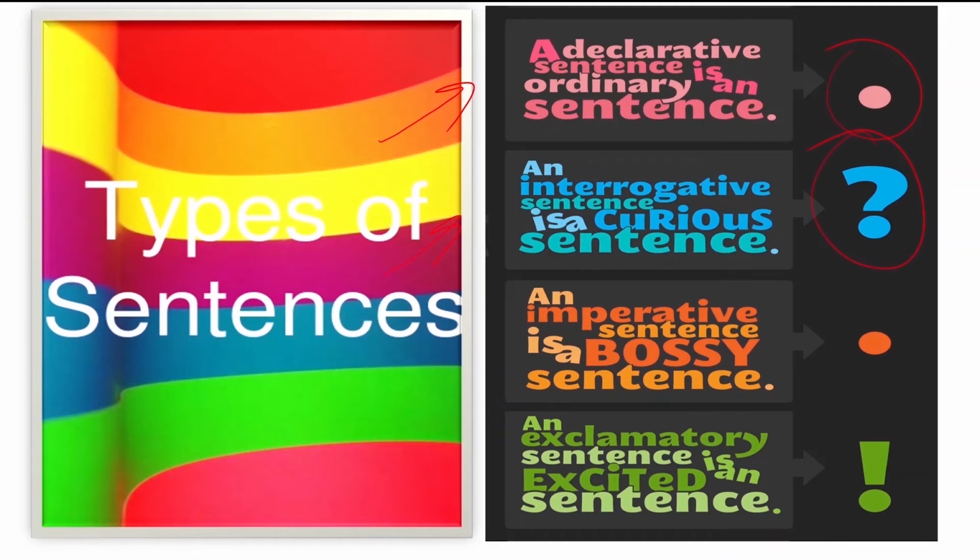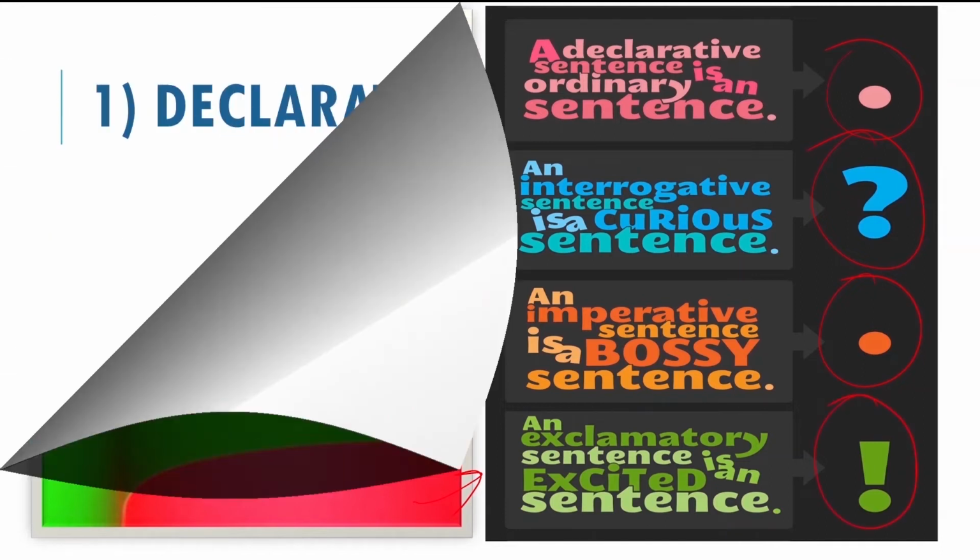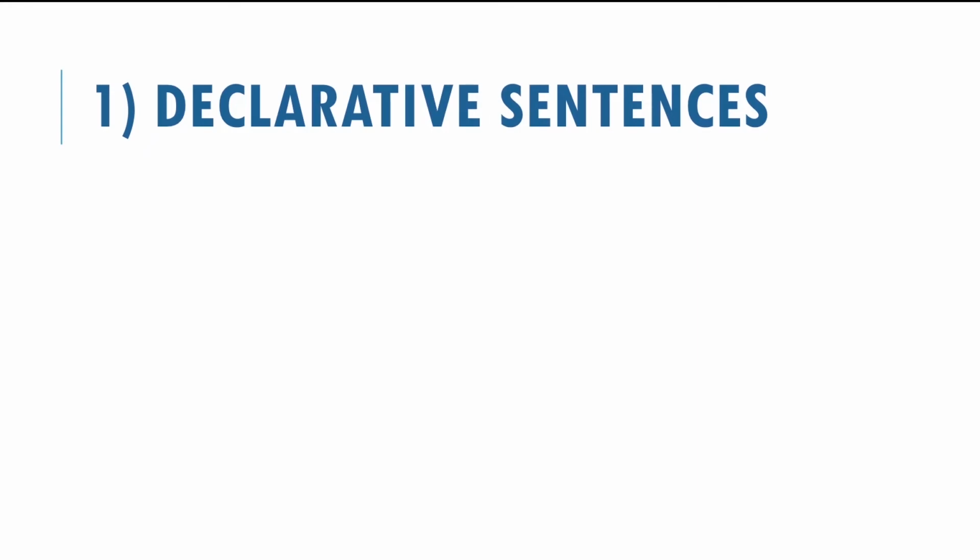An imperative sentence is a bossy sentence which is used to give commands, suggestions, warnings, and sometimes requests also. It ends with a period and sometimes with an exclamation mark also. And an exclamatory sentence is an excited sentence which is full of emotion and it ends with an exclamation mark. Let's learn about each one of them in detail.